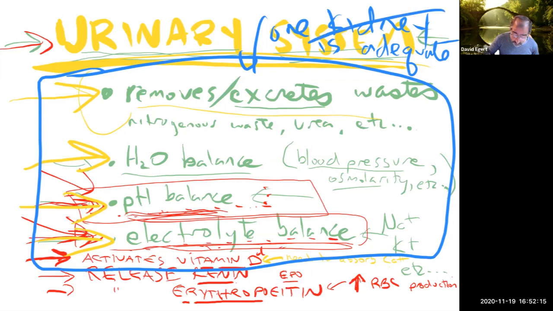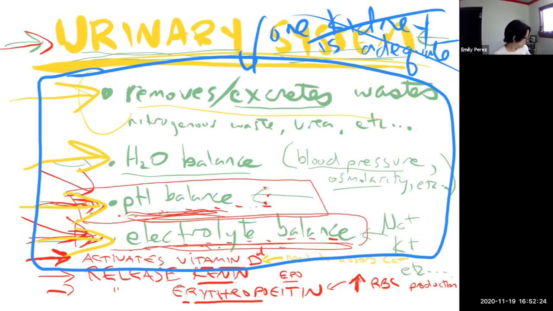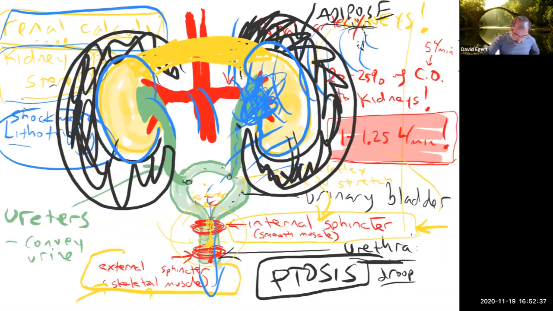What if both of your kidneys are not working well? What do you need to do? Dialysis. I'll talk about that a little later, but dialysis is basically an artificial kidney. You take the blood, but instead of sending it to the kidneys, you send it out to a big machine that is doing those different things we were talking about.